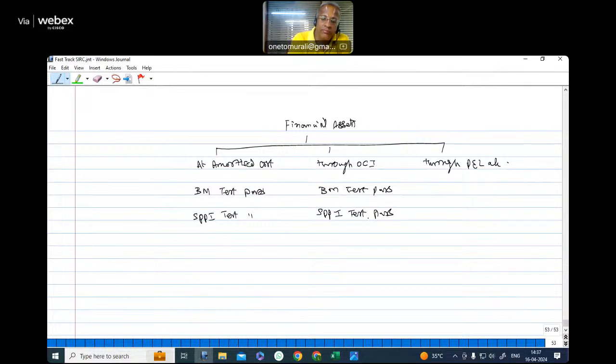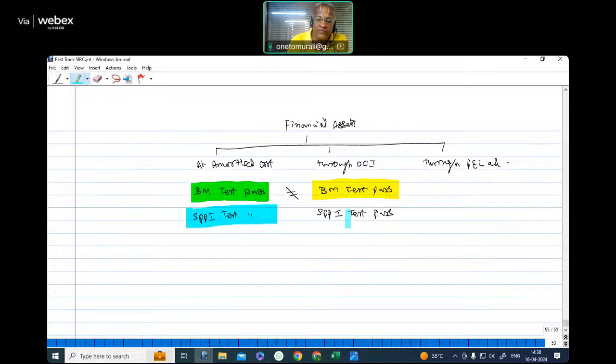So the business model test that you have here and the business model test for OCI are not the same. They are not the same. Whereas the SPPI test applies for both amortized cost and fair value through. In fact, I've just forgotten to put that fair value through OCI, FVOCI, FVTPL.